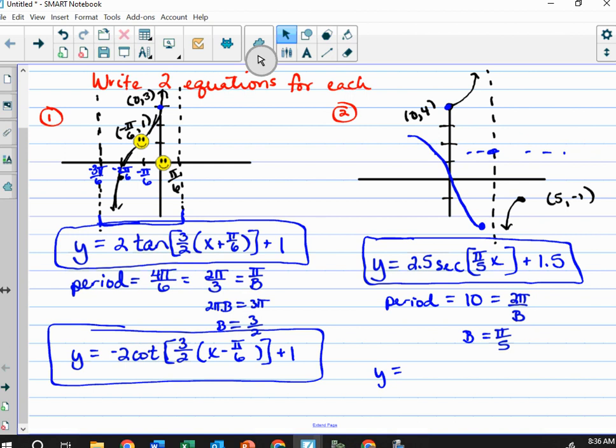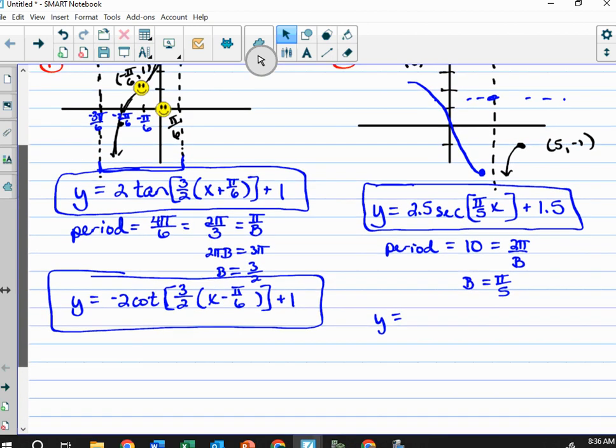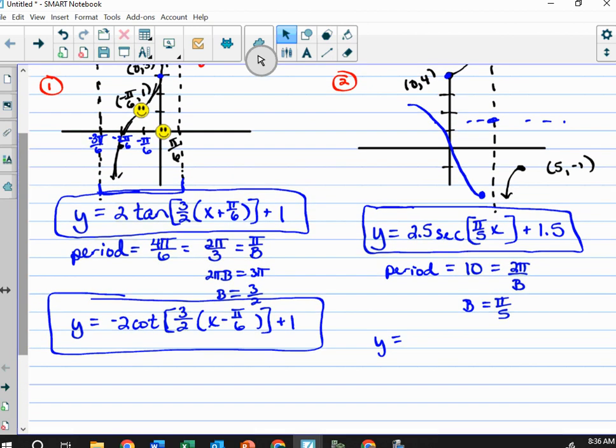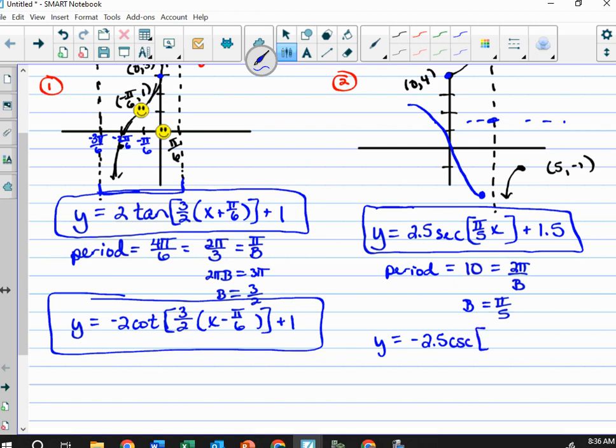So one way you can write this is with a negative in front because it's going the opposite direction that sine would normally go. So I'm going to say negative, and then it is still the 2.5 out in front, or 5 halves. That does not change. The b value of pi over 5 will not change.